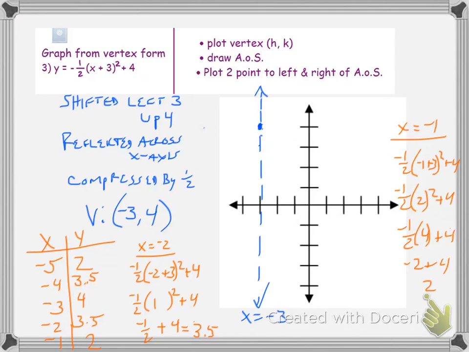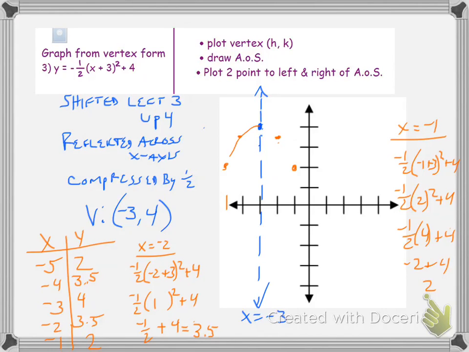I have -2, positive 3.5, so that's going to be between 3 and 4, and I'm going to reflect that on the other side at -4, 3.5, and then I have another point, -1, positive 2, and then -5, positive 2.